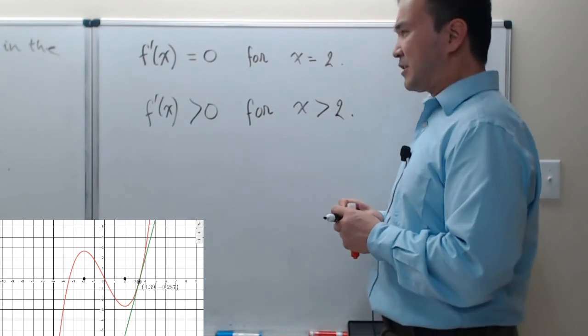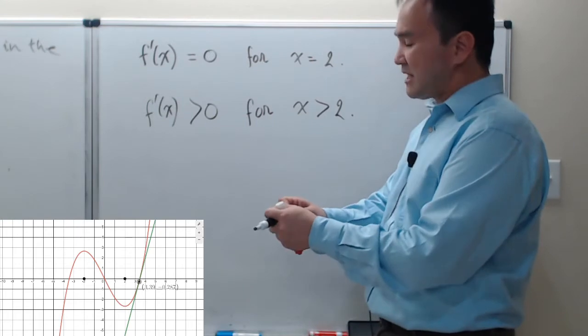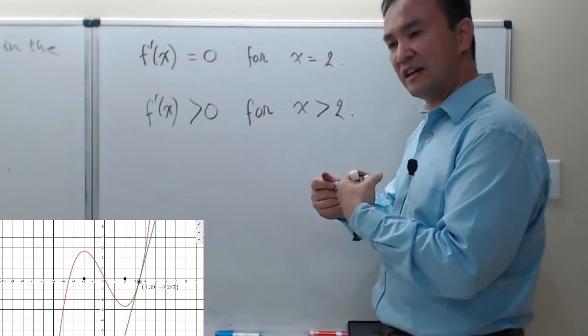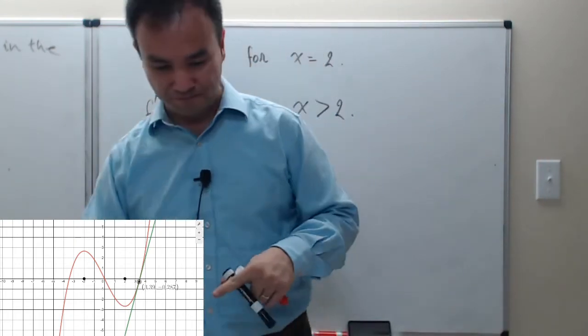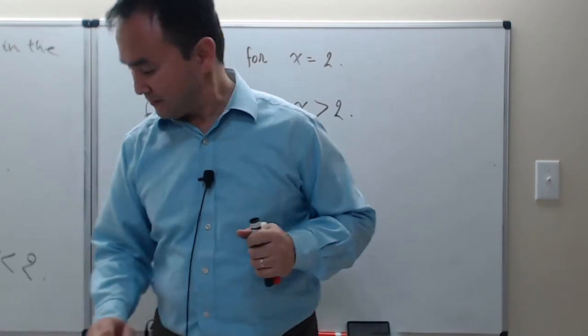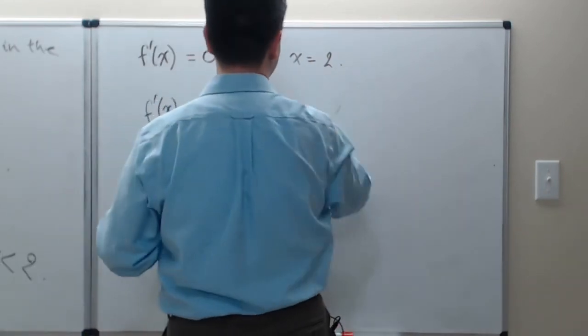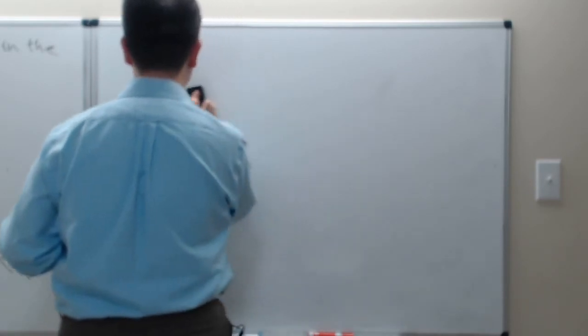Okay, and so putting all those pieces together, let's roll back to the f of x equals x squared function again. All right, give me a moment to erase the board.